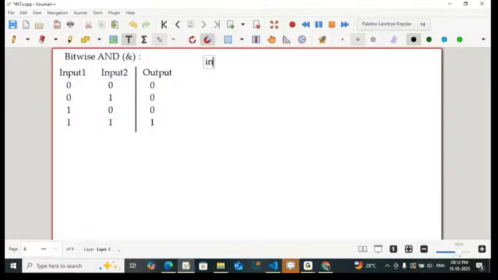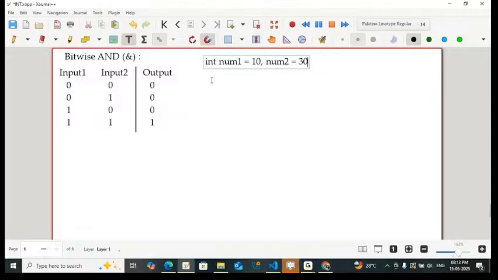So there is one integer variable called num1 assigned with 10 and num2 assigned with 30.